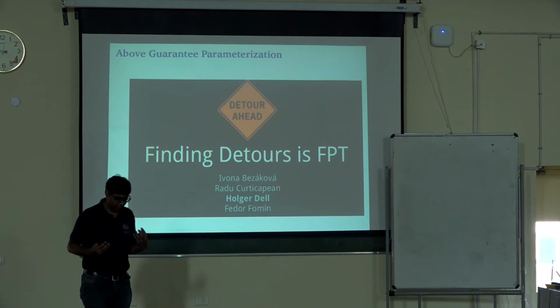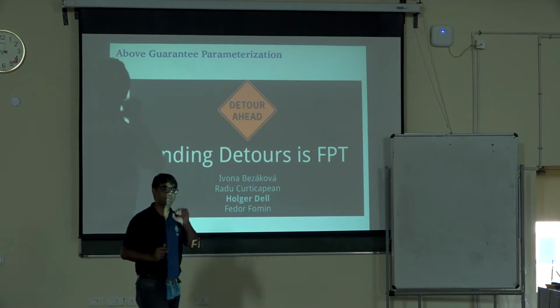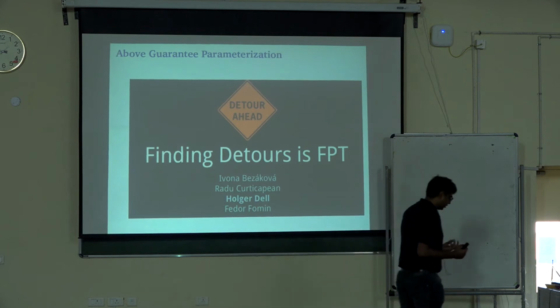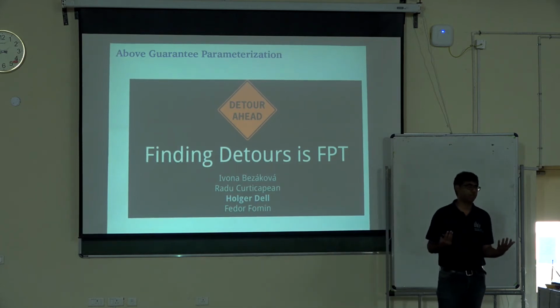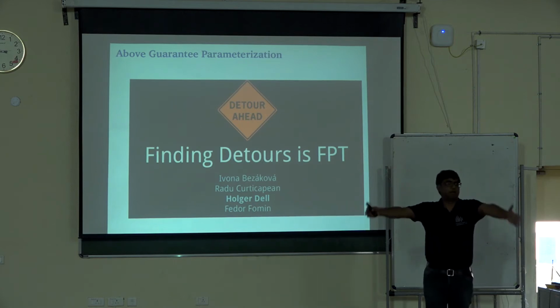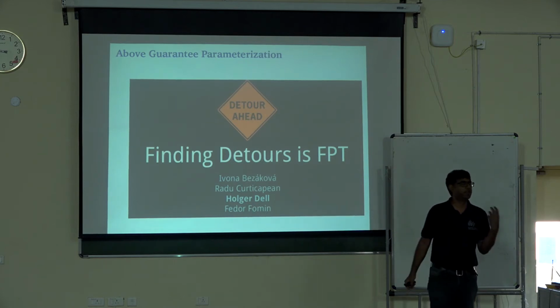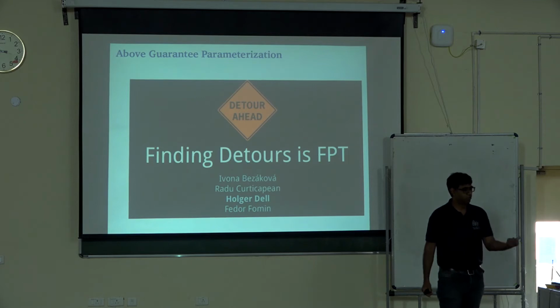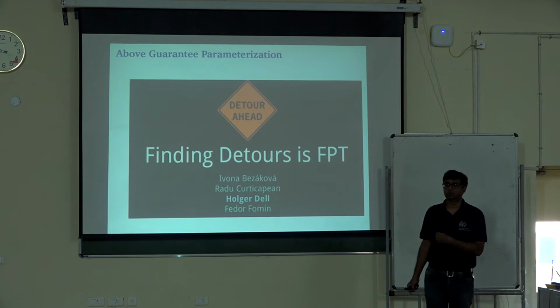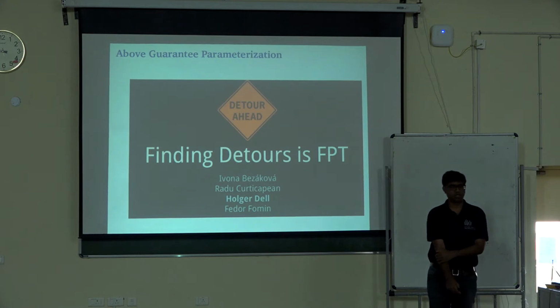People started to use above-guarantee parameterization. So if I give you a graph and I ask you, if I'm looking for a longest path, what kind of lower bound can I tell you? If I'm looking for this path, this graph anyway has a path of this length. So what is the natural lower bound you can think of on a longest path when I give you an undirected graph? If I give you s and t, two vertices, what is the lower bound you can say?